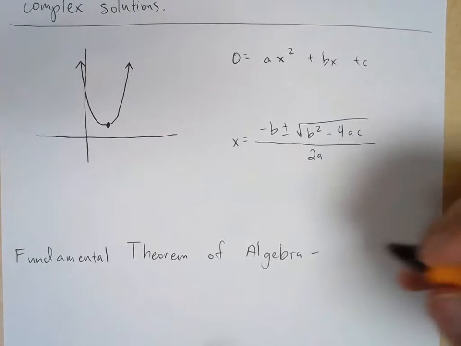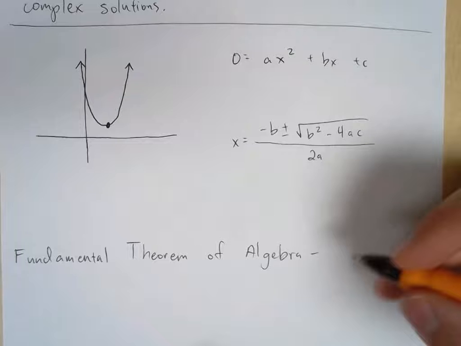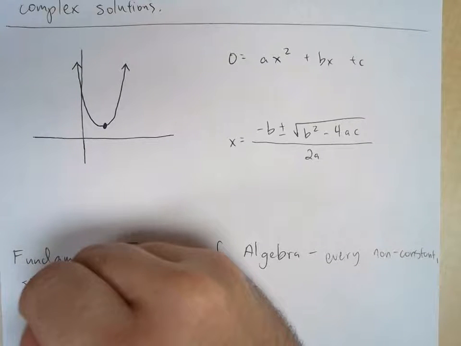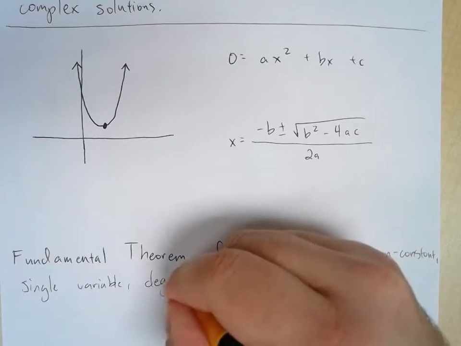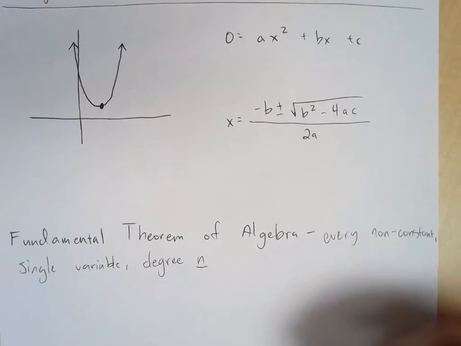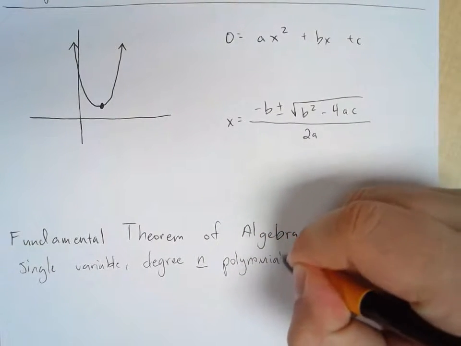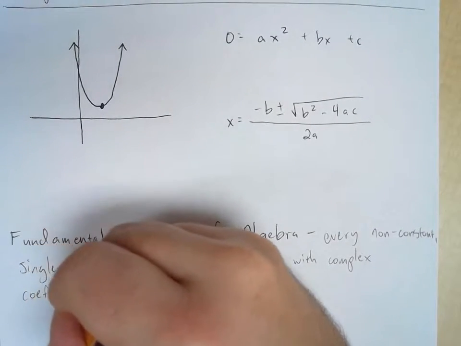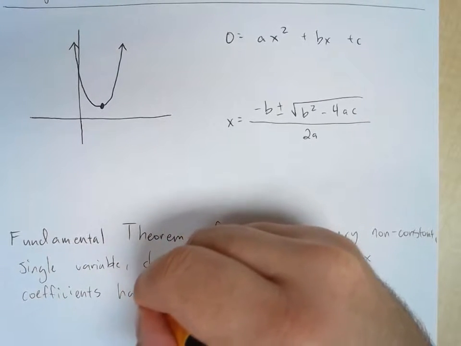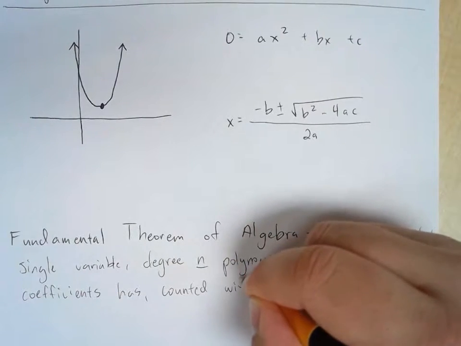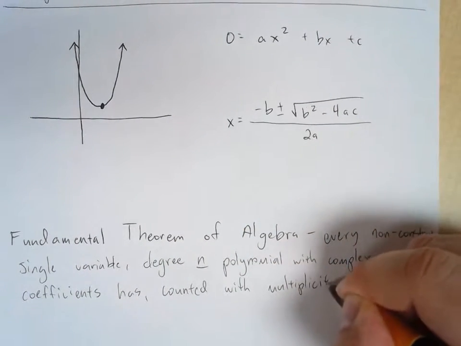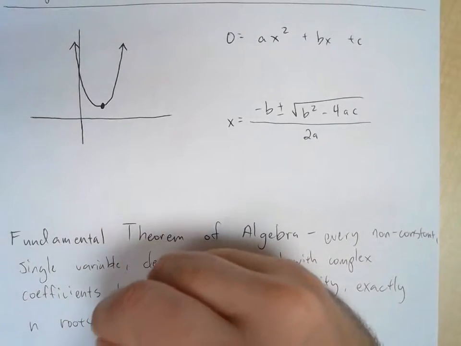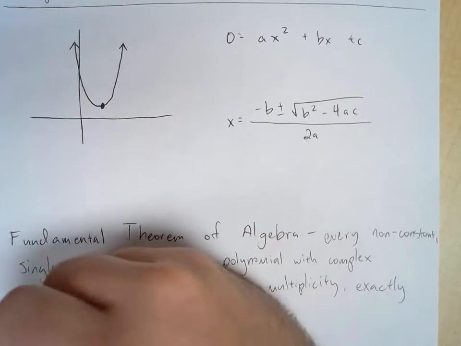The fundamental theorem of algebra states that every non-constant single variable polynomial with complex coefficients has, counted with multiplicity, exactly n roots, which by the way we also call those solutions or x-intercepts or whatever else.